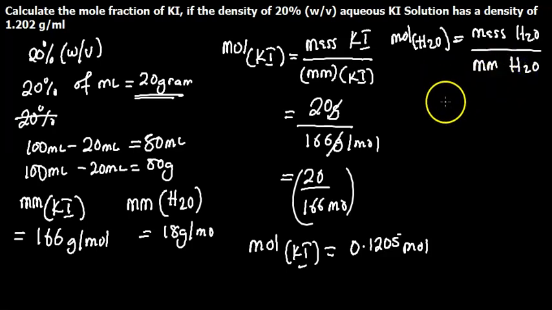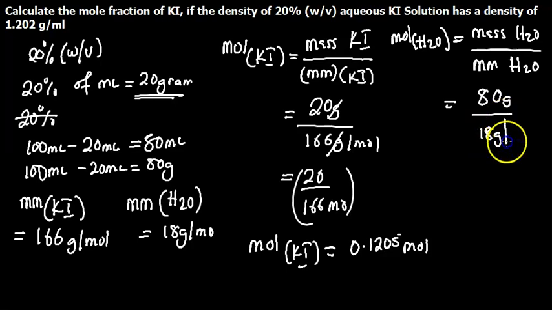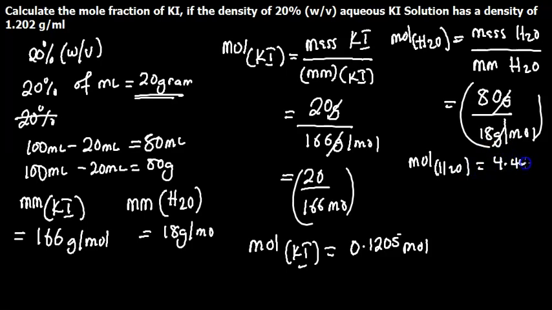In this case, the mass of H2O is 80 grams, which is simply going to be 80 grams divided by 18 grams per mole. Grams will cancel out. If you divide, our moles of H2O is simply going to be 4.444 moles.